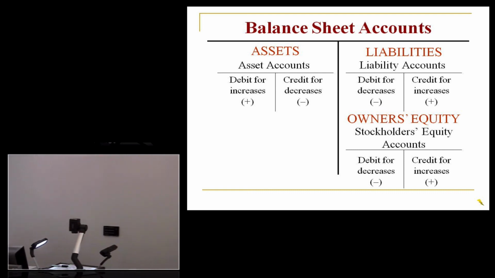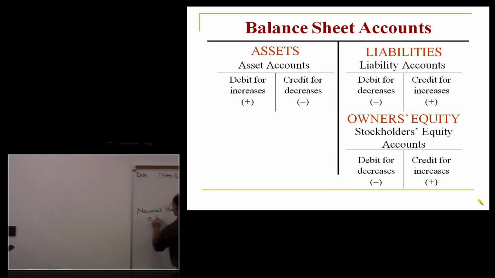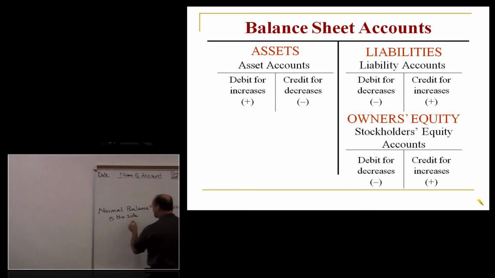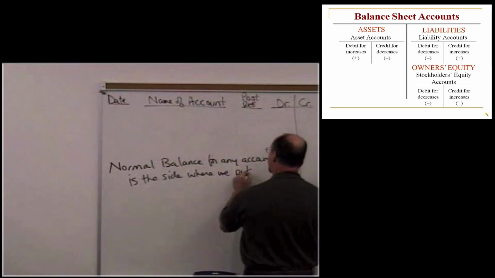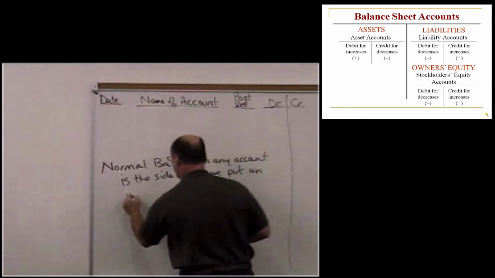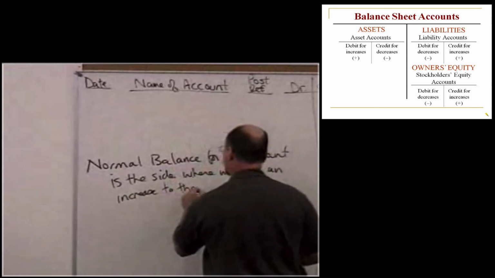The normal balance for any account is the side, left or right, debit or credit, where we put an increase to that account.